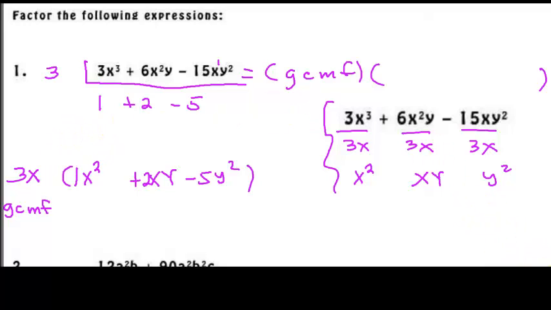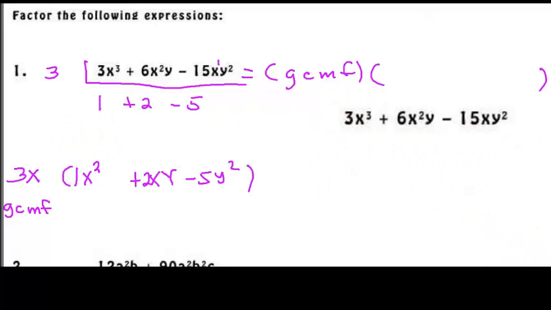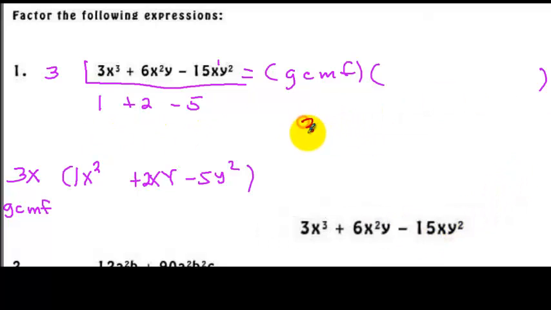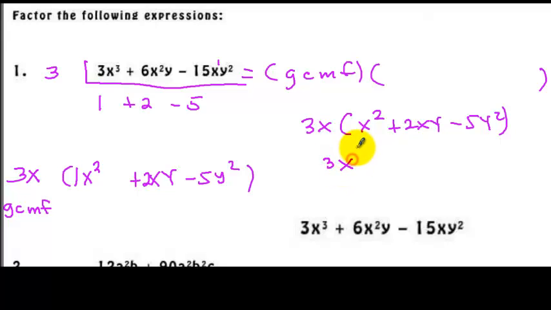Now, let's say we would like to check our answer. To check our answer, we are going to multiply the GCMF with the other expression. So 3x times x squared is 3x cubed. Remember that when you're multiplying monomials, you have to add exponents. 3x times 2xy. Multiply first your coefficients, 6.